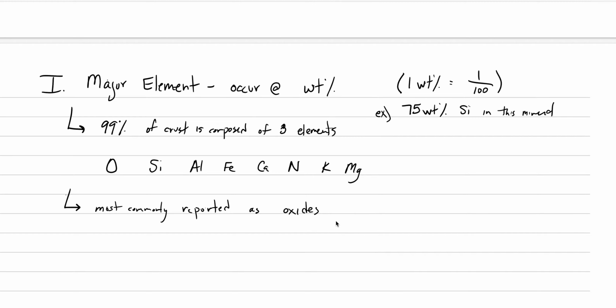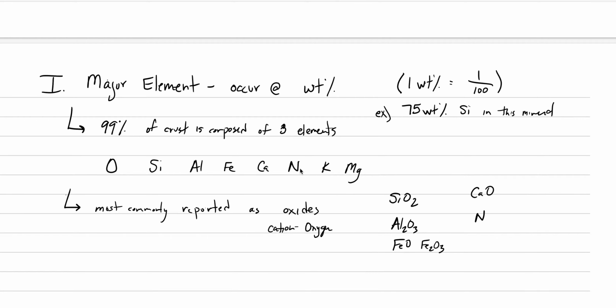An oxide is where you take a cation and you bond it to an oxygen, and there has to be charge balance. So for example, silica is almost always reported in geology as SiO2. Aluminum is reported as Al2O3. Iron is reported as FeO or Fe2O3, just different ways to handle the iron 2+ or 3+ that can occur. Calcium is reported as CaO.